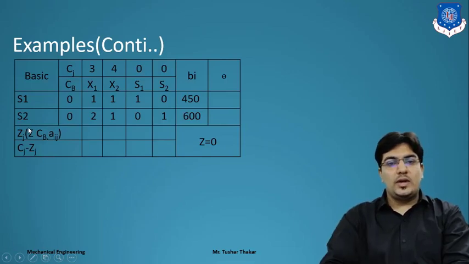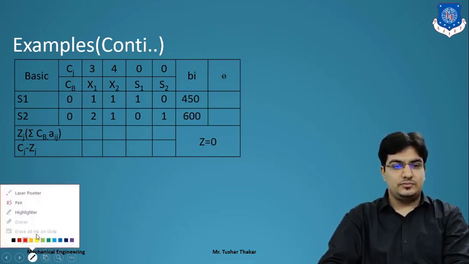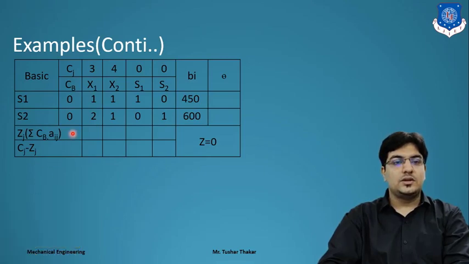Now the next step is to find zj. Zj is the summation of the coefficient of the basic variable, Cb, into the coefficients of the respective equation for x1 and x2. So for the first, 1 into 0 plus 2 into 0, that is 0.